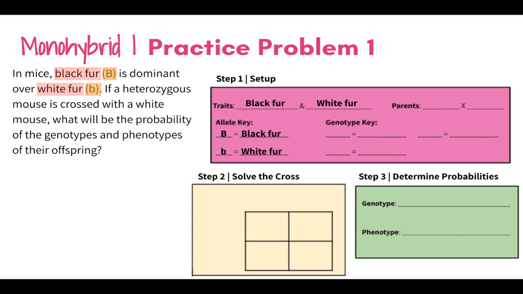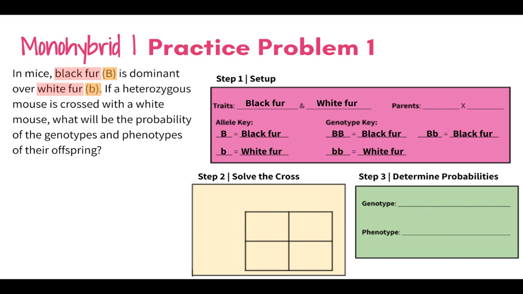The combination of alleles makes up our genotype, and we can see then that a homozygous dominant, aka 2 big B's, is going to be black fur. Heterozygous, which is a big B and a little b, is also going to be black fur. And our homozygous recessive, which is 2 lowercase b's, is going to result in our white fur. So we got all that information just from the first sentence.